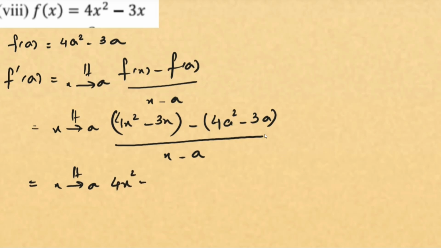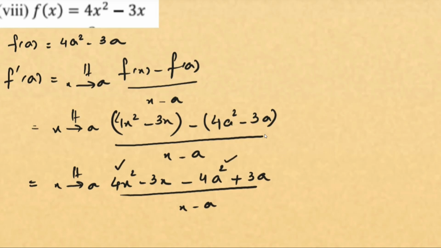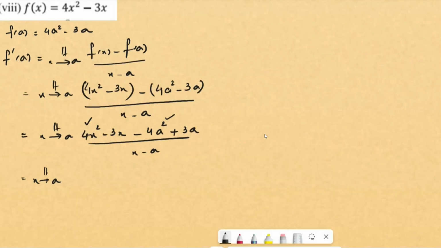So 4x square minus 3x minus 4a square plus 3a divided by x minus a. So we can combine 4x square with 4a square.